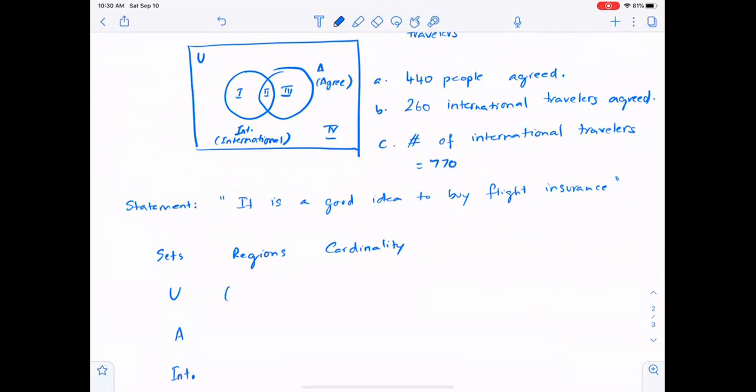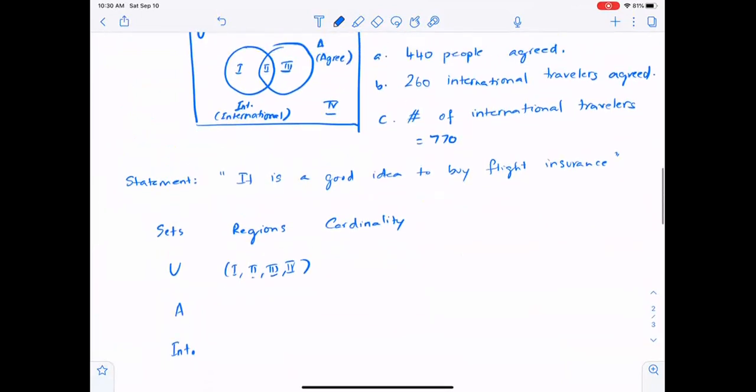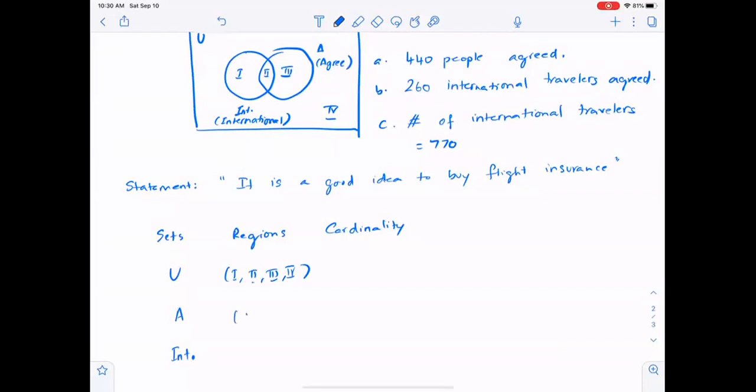So I'm going to put 1, 2, 3, 4. The set A would contain regions 2 and 3, and the set international would contain regions 1 and 2.